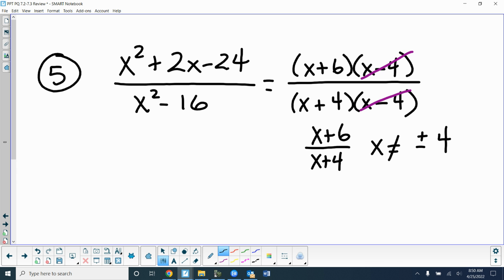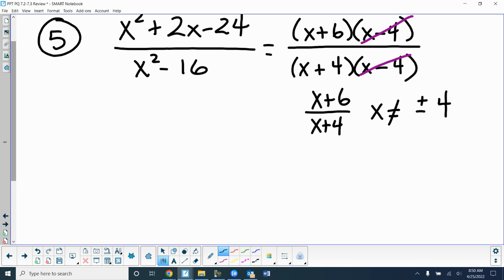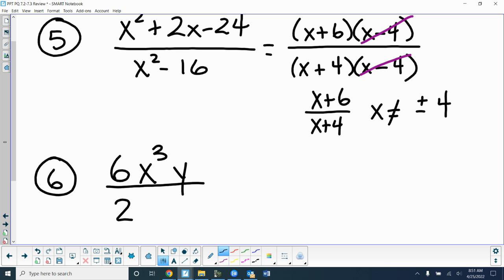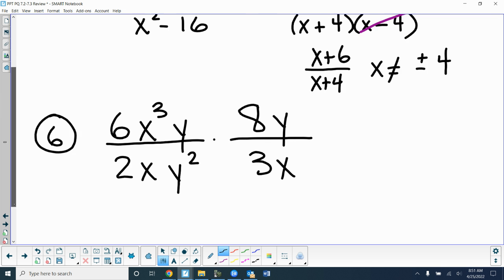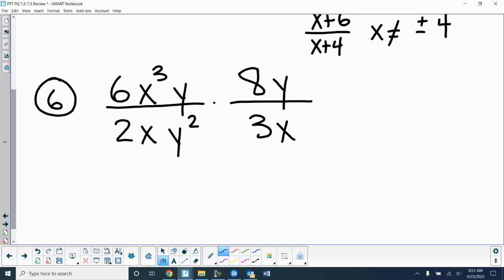All right. Number 6, we have a multiplication problem. And we don't need to do any factoring here because there's no pluses or minuses. So we have our 6x cubed y over 2xy squared times y over 3x. All right. So in this type of problem, when you have no pluses or minuses, it's already in factored form. So you can start canceling factors.